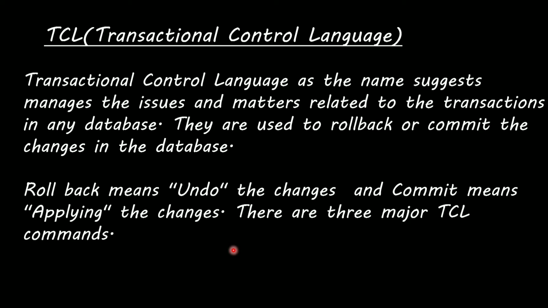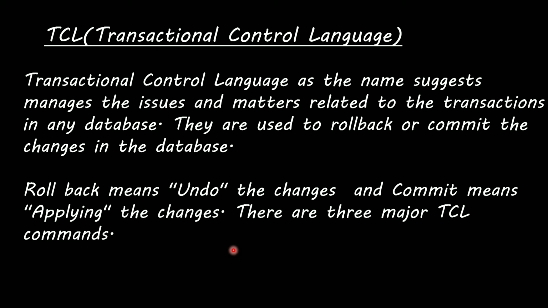First, suppose you are doing an operation and you make a mistake and want to revert back, then you can use the rollback command. In this case, you can jump to your previous operation and the current operation can be declined. And also we can commit if we do not want to allow anyone to make a change.